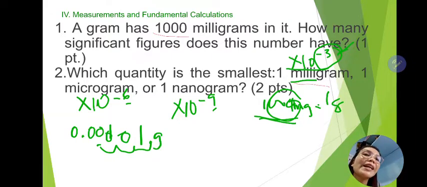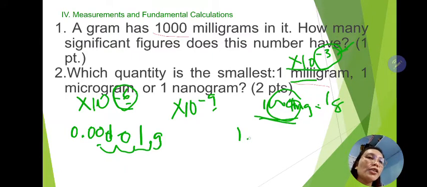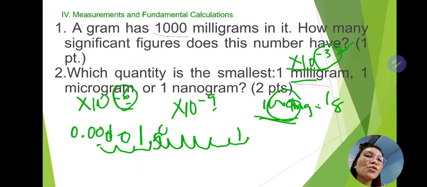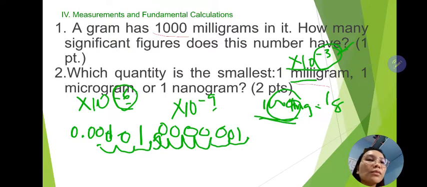So, kung i-convert natin lahat yan into grams, yung microgram from 1, ito yung decimal point, we will move it 6 times to the left. So, 1, 2, 3, 4, 5, 6. So, ito yung point, lalagyan natin 0, 1, 2, 3, 4, 5, 6. Oh, 5 only. I'm sorry. 1, 2, 3, 4, 5.